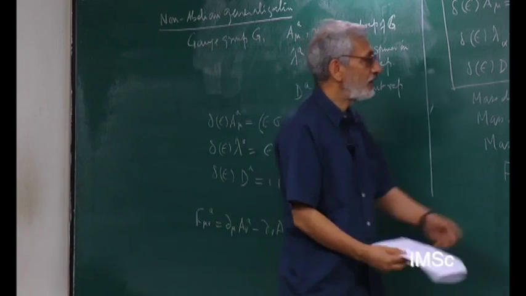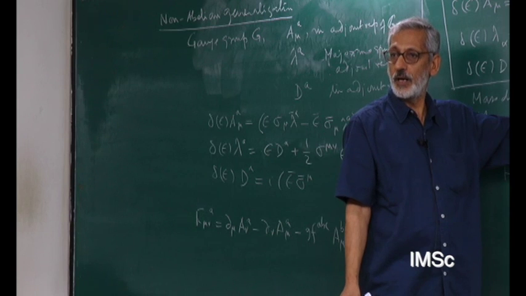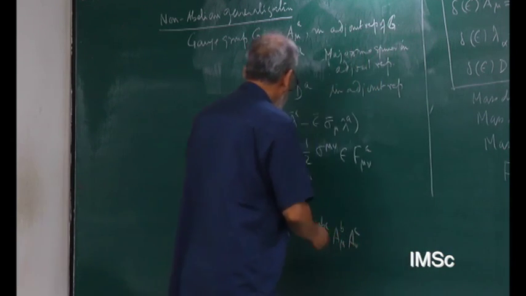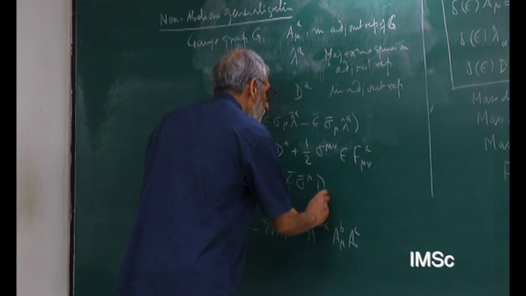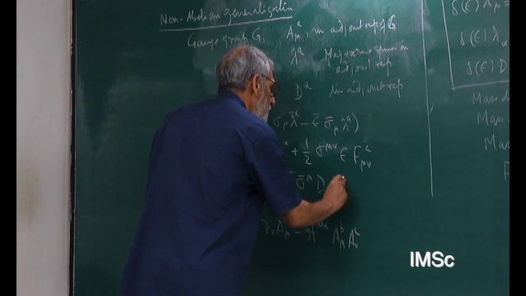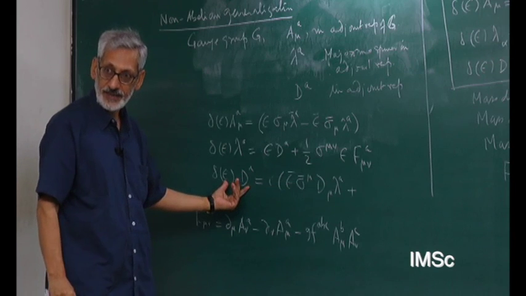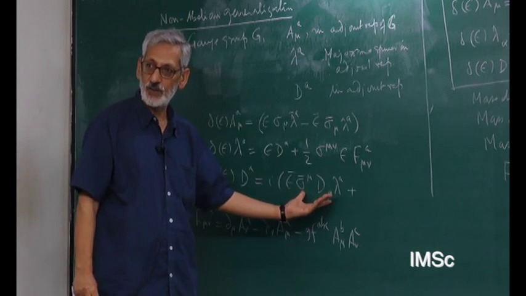Now this ordinary derivative would have to be replaced by a covariant derivative. So that left hand side and right hand side are a gauge transformation. This changes like the adjoint representation, this must also change in the adjoint representation.